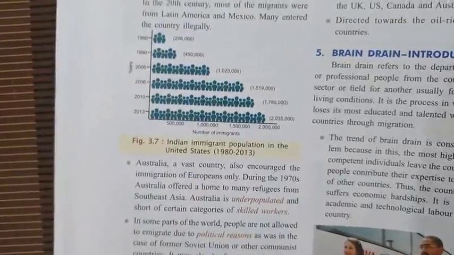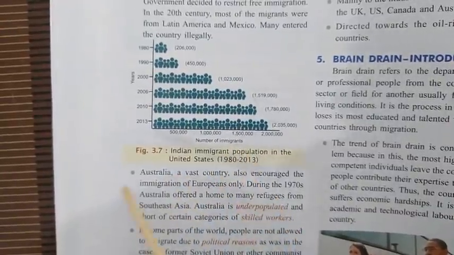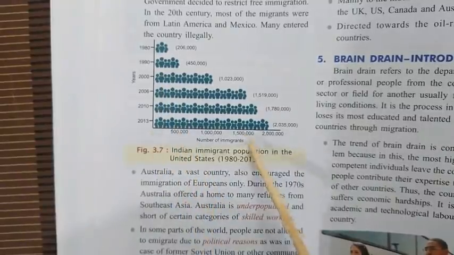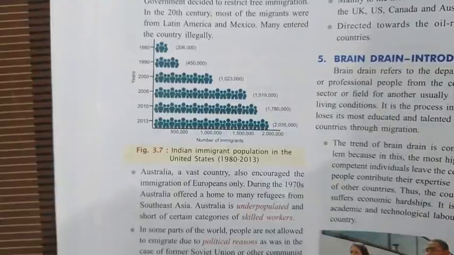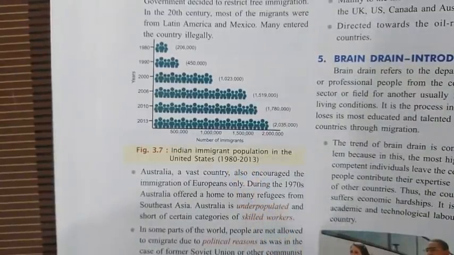But before we see another example, I want to show you this figure. This figure 3.7, this chart, this diagram, shows the Indian immigrants population in the United States of America from 1980 to 2013. So let's see here.